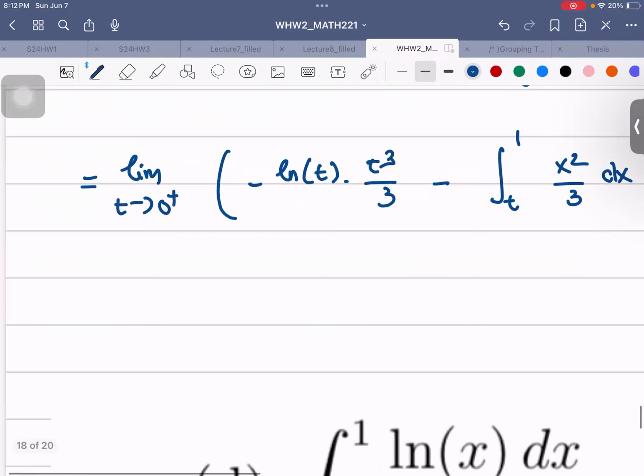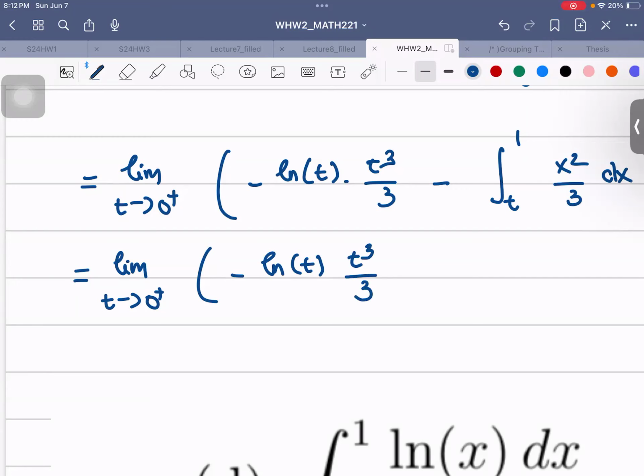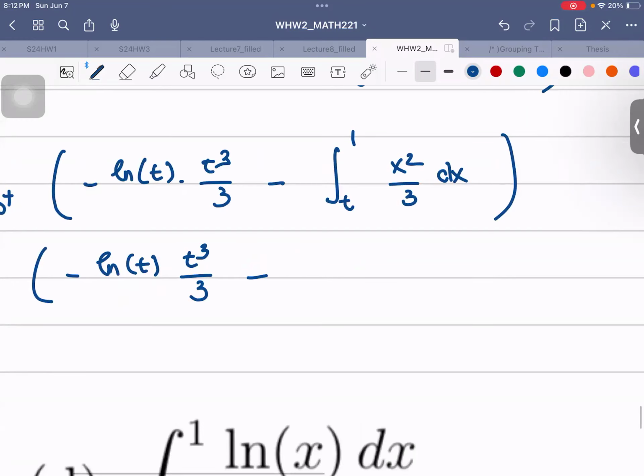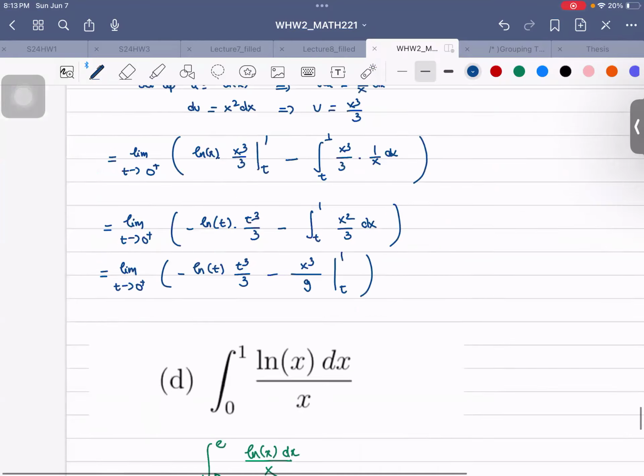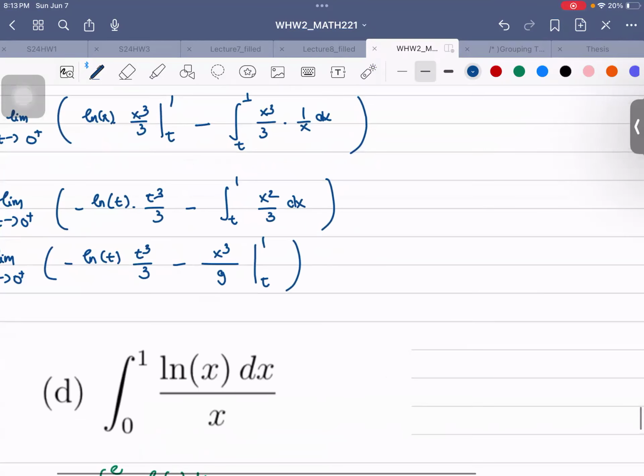The integral is x cubed divided by 3, so I have 9, because 3 times 3 is 9, from t to 1. Now I plug in the upper bound and lower bound.